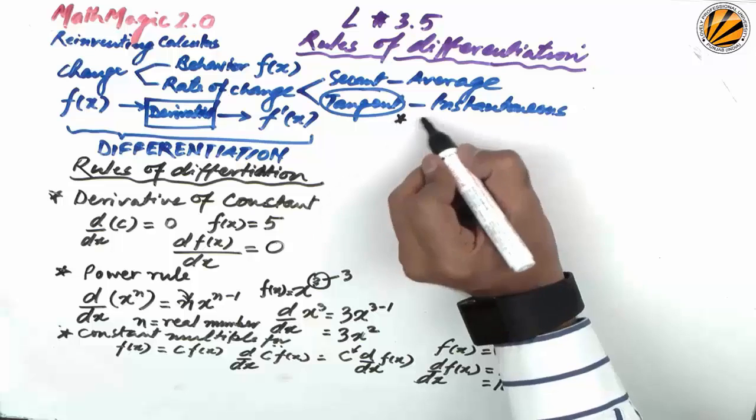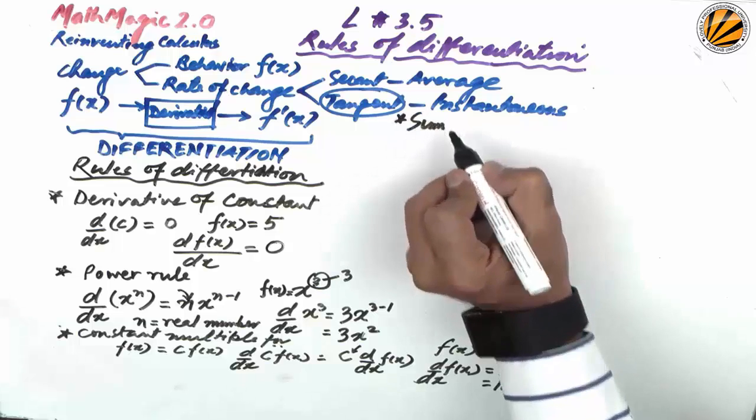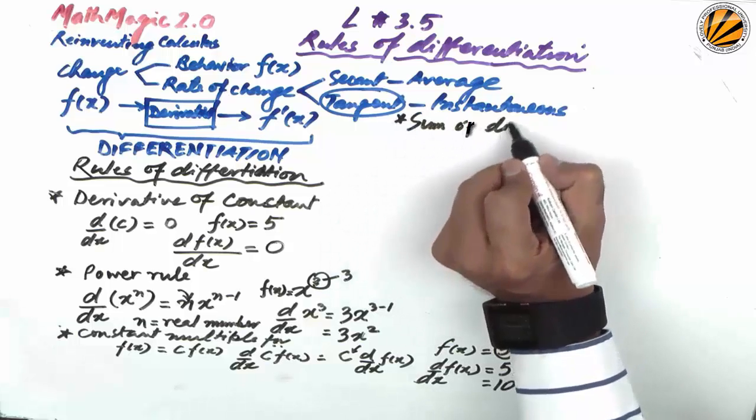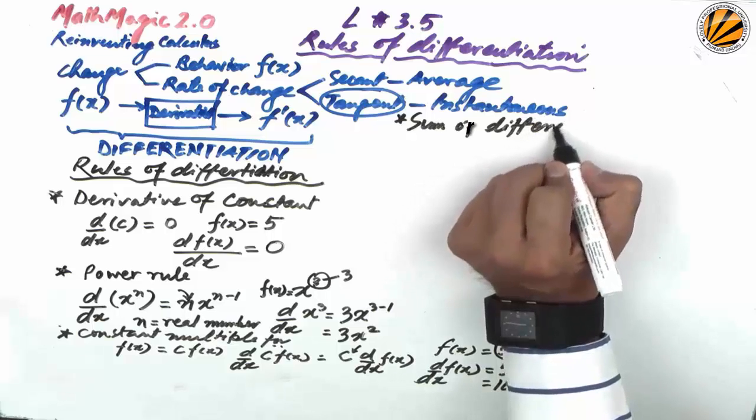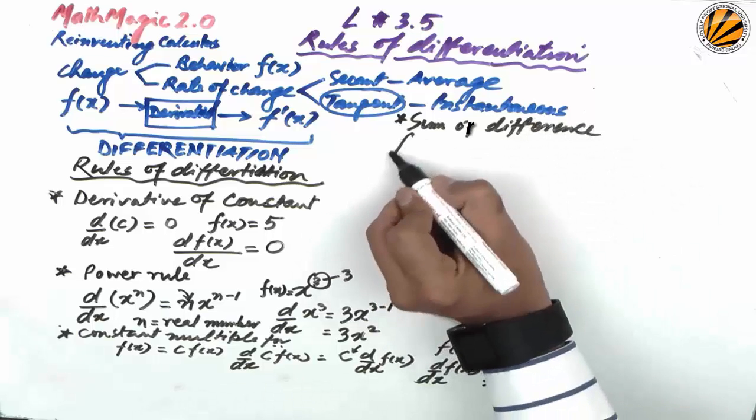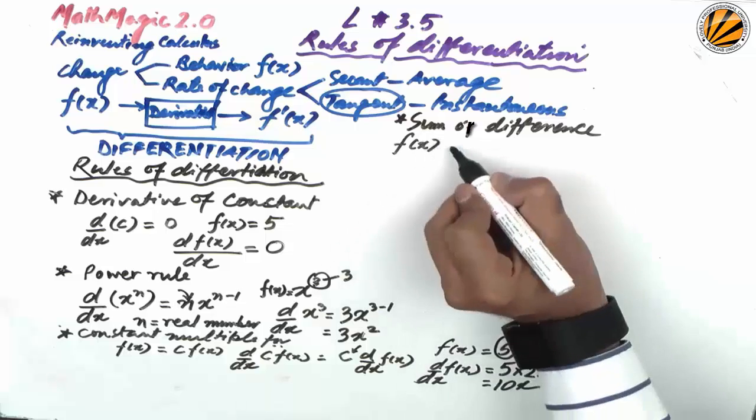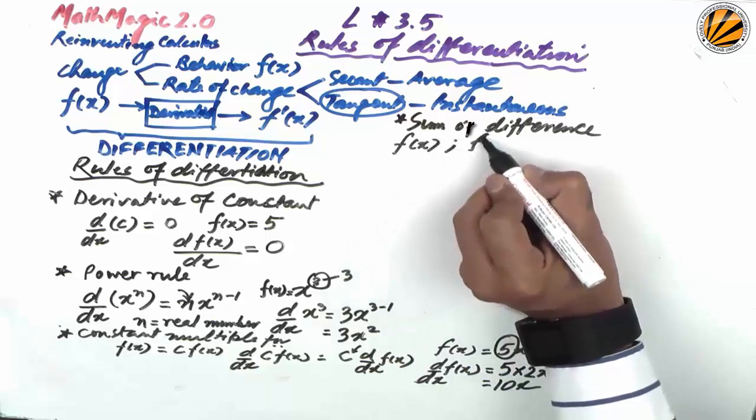The next rule is the sum or difference rule. Say there are two functions, one is function f(x) and the other is function g(x).